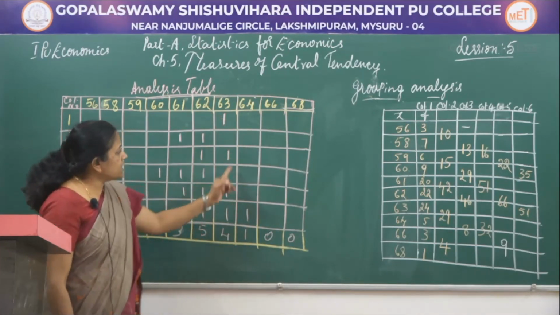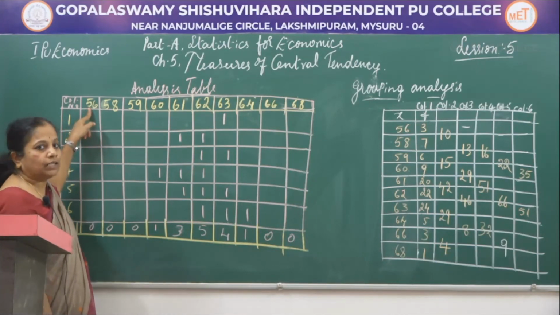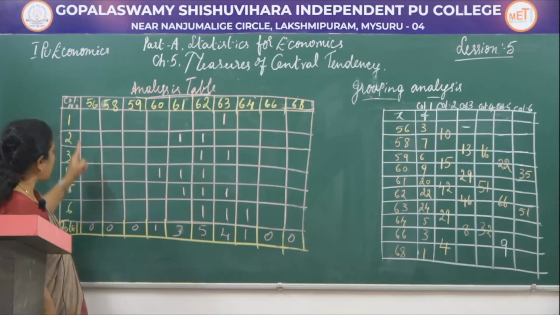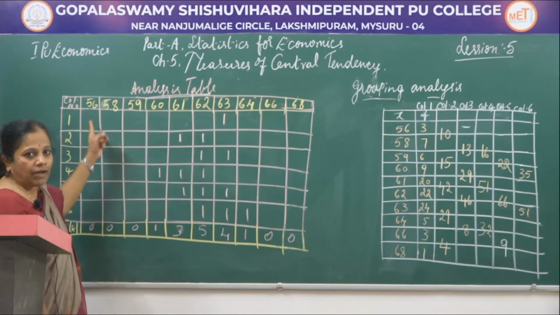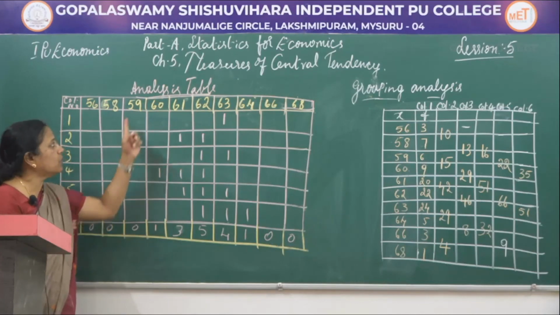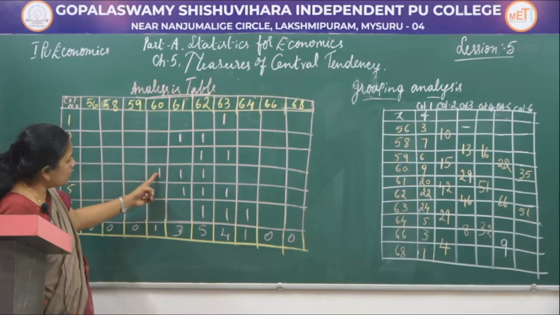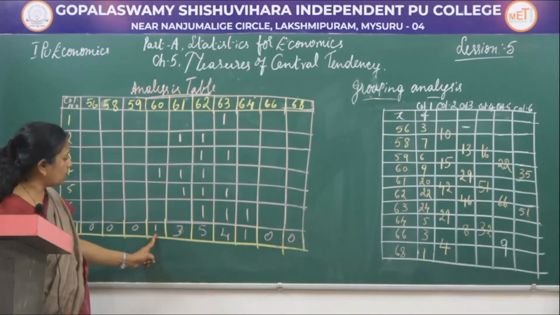Let us add these frequencies row-wise. Under 56 we don't have any bars marked, so it is 0. Under 58 it is again 0, under 59 again 0, and under 60 we have only one bar, so we write 1.